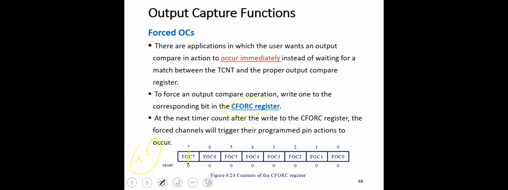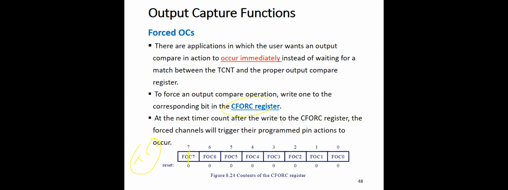So this is important because the system that you built might be controlling some device, and this device has to be enabled, let's say, like an alarm system or a water pump or whatever, and is configured using the output compare system. Using the output compare system, you want to turn on the pump at a certain time.